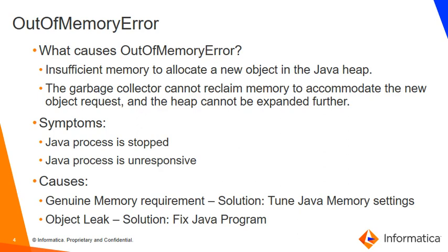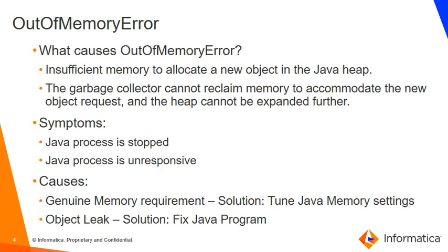The other scenario is that of an object leak. In the previous example, let's say the Java web application is faulty and it continues to hold references to objects related to users who have already logged out of the application. So in this case, if a new user tries to log in and the Java process is not able to fetch any memory from the heap, this goes out of memory and the new user login will lead to the program failure.